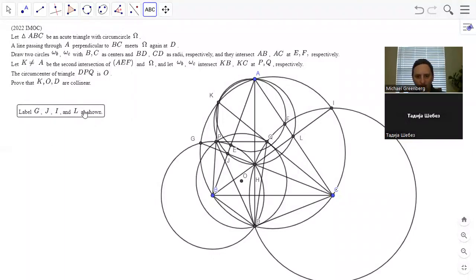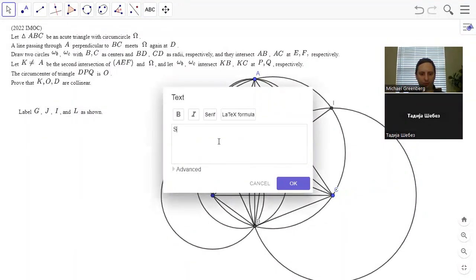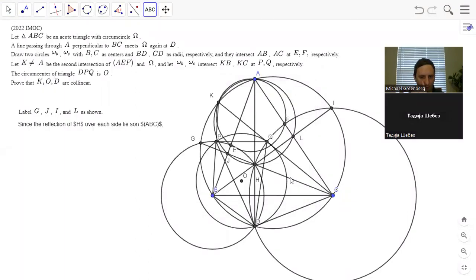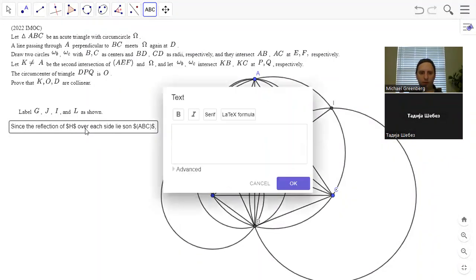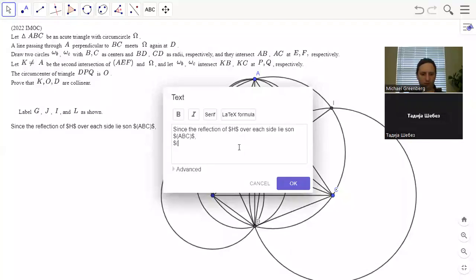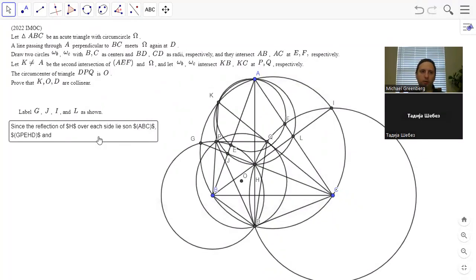And then since the reflection of the orthocenter over each side lies on the circumcircle, then we have GPEHD and IFQHD are cyclic.